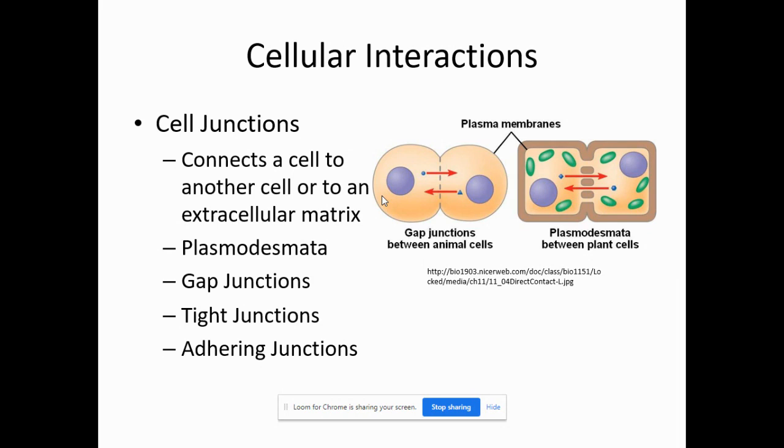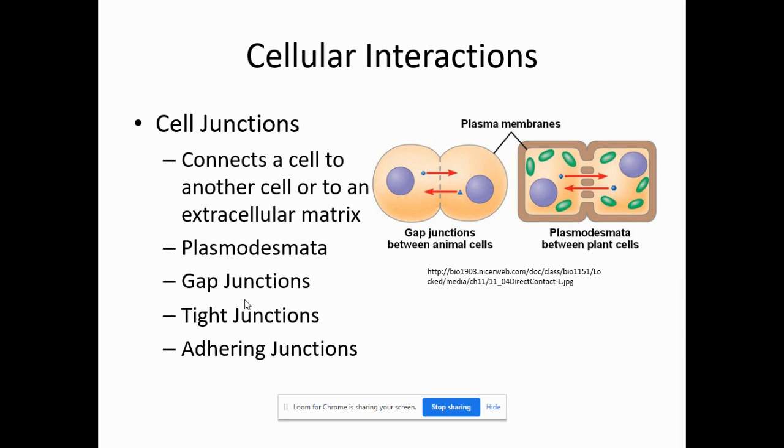And then you have adhering junctions, which act almost like Velcro that anchor the cells to one another. So plasmodesmata in plant cells and gap junctions in animal cells have the same basic function, which is that they allow for cellular communication between neighboring cells.